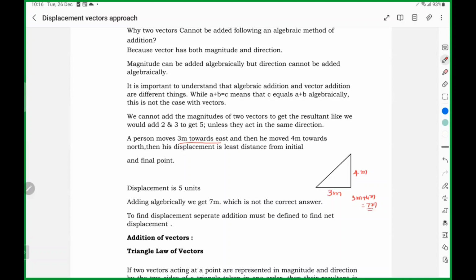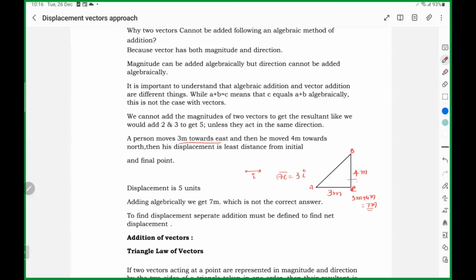So here, displacement is he traveled 3 meters in one direction along east. If I represent 1 unit by i, so here it is AC, I can represent it as 3i.